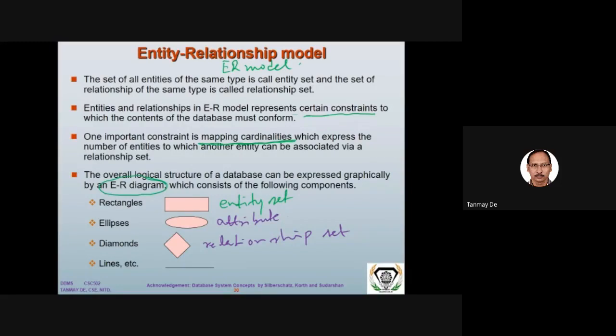This is a connector line. Connector line means this line links the entity set with the attribute, or the entity set with the relationship set, and the relationship set with the entity set, and so on.